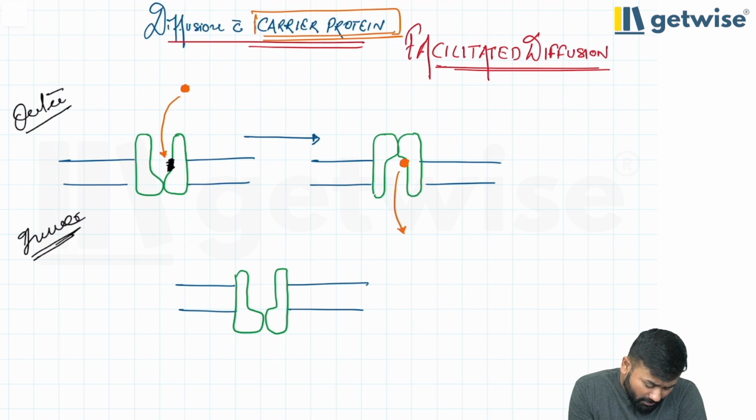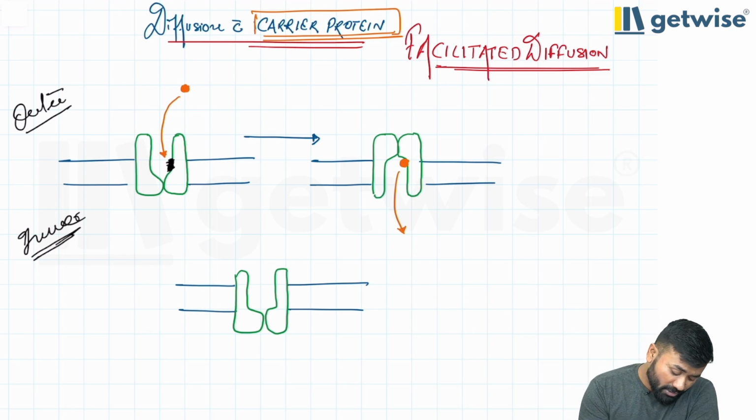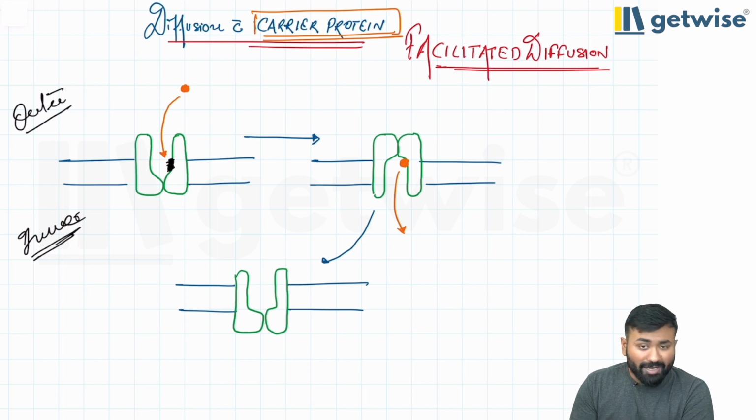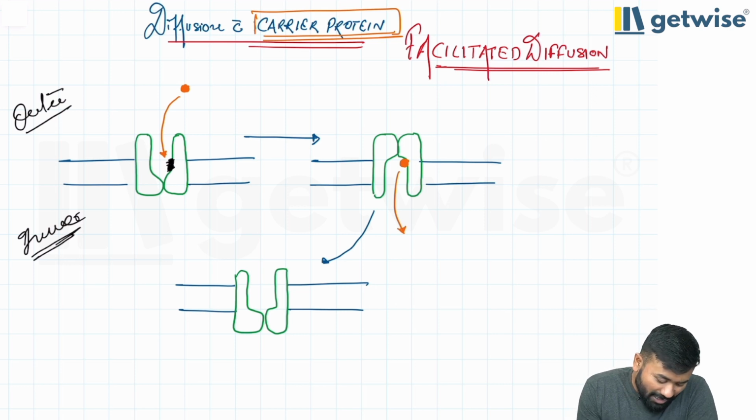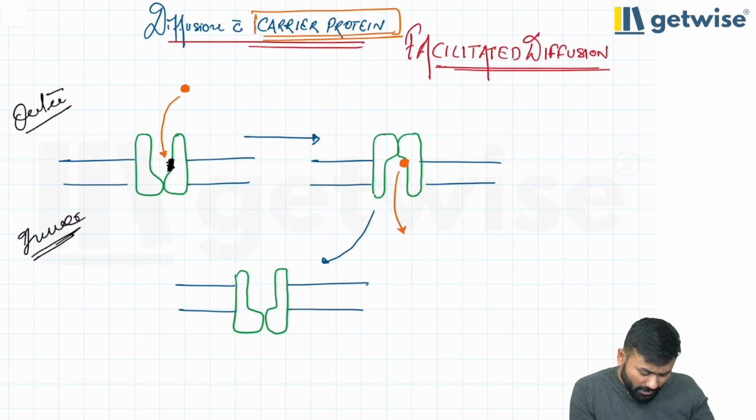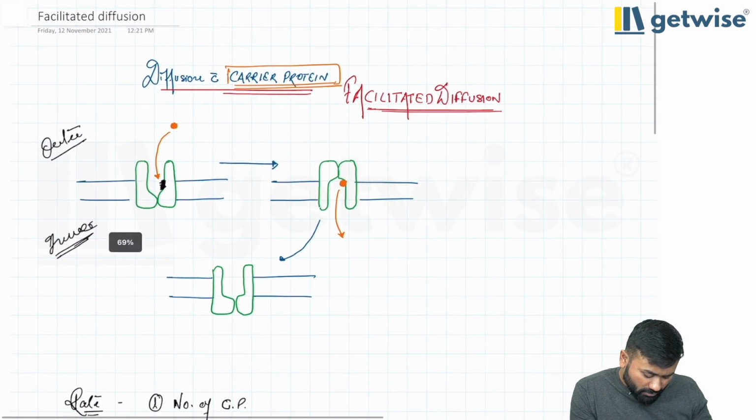You can see that just after the molecule gets detached from the carrier protein, another conformational change happens, and the carrier protein comes into its original state, that is, open from outside and closed towards inside. That's how the diffusion is facilitated by a carrier protein. So this is the process.